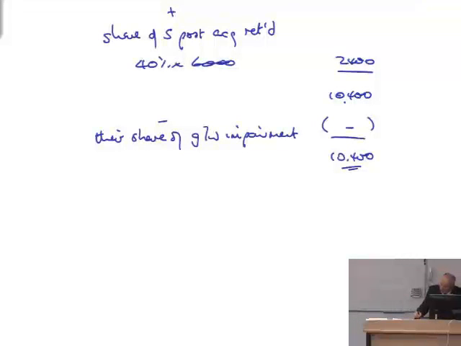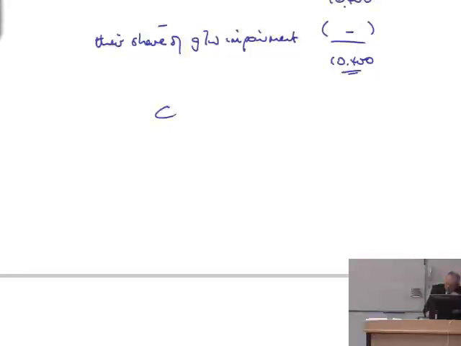So now we're in the position of doing consolidated statement of financial position. Top line, Renata. Top line, Ekaterina. Top line. What comes first?